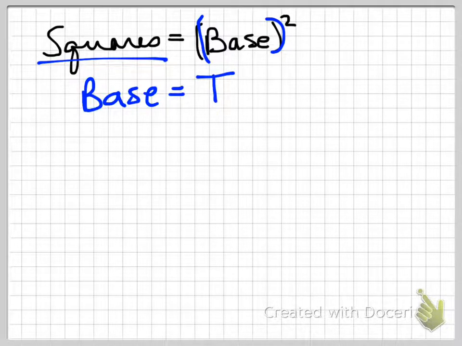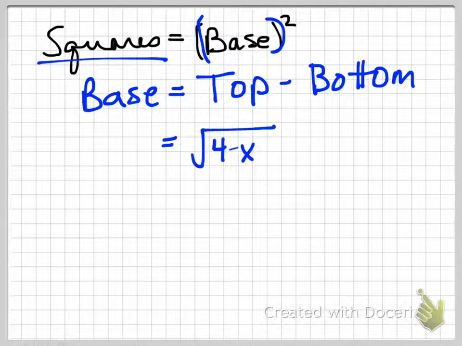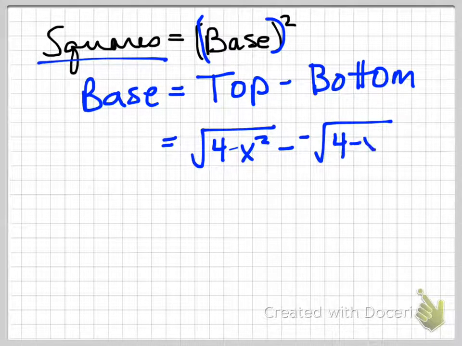I'm going to do the top curve minus the bottom curve, because it's perpendicular to the x-axis. If this was perpendicular to the y-axis, we would do right minus left. My top equation was the square root of 4 minus x squared, and the bottom equation was the negative square root of 4 minus x squared.